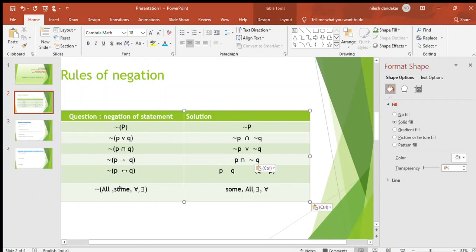P double arrow Q means P arrow Q and Q arrow P. So a single rule, we utilize it two times.